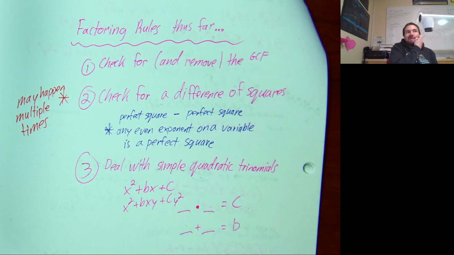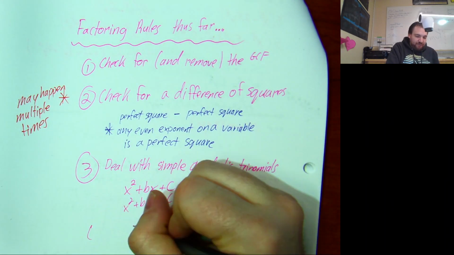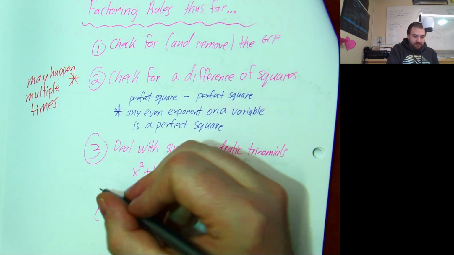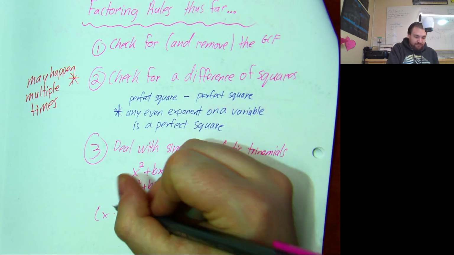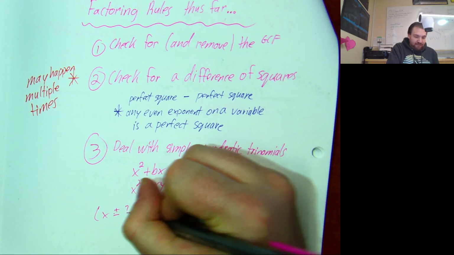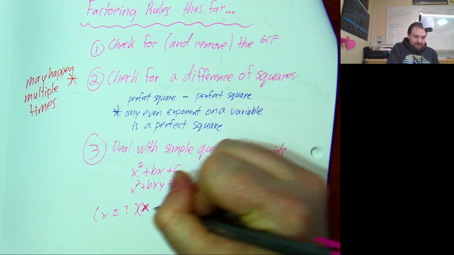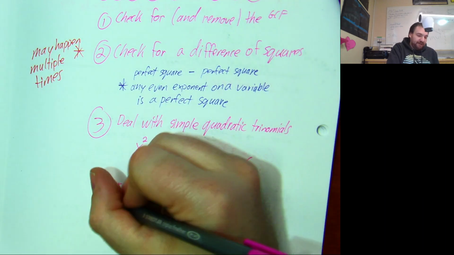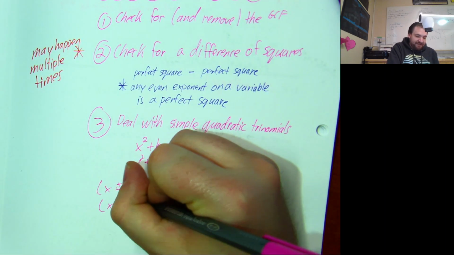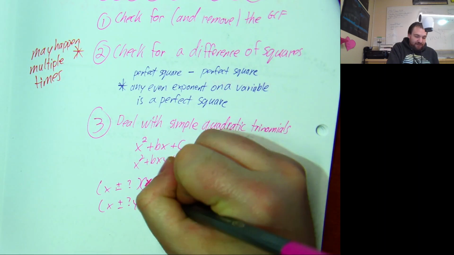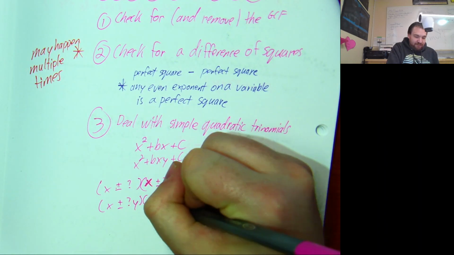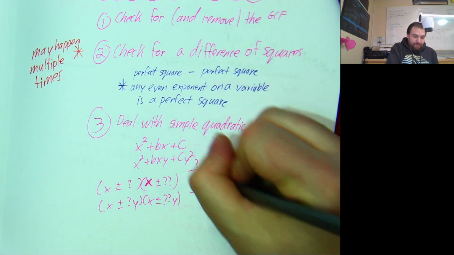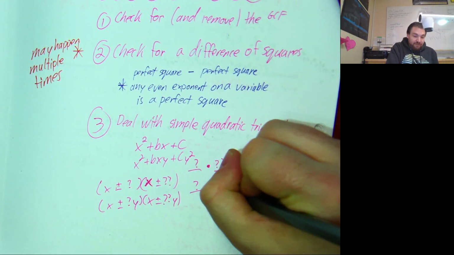It's the same technique, but the only thing that's going to be different now is once you find those values, either it's going to be x plus or minus something, and then x plus or minus something else, or it's going to be x plus or minus something times y, x plus or minus something times y. You're going to have something that looks like that, whatever these two numbers are.